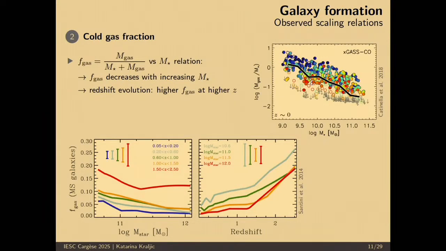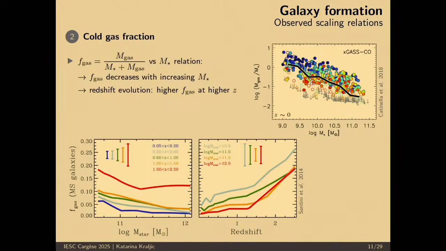What about the cold gas fractions? Again, in observation, what is shown here is the cold gas fraction, defined as either the mass of the gas divided by the stellar mass, or divided by the stellar mass plus the mass of the gas. It doesn't really matter, as a function of stellar mass. Again, we see a well-known scaling relation that tells you that more massive galaxies tend to have less gas, and at higher redshift, this gas fraction was higher.